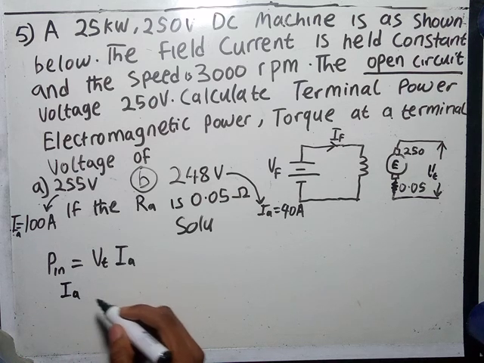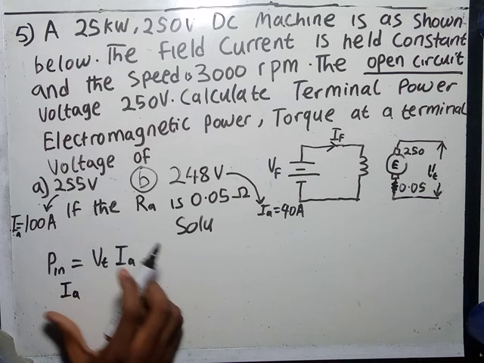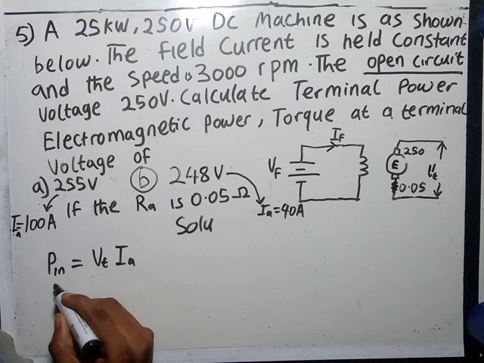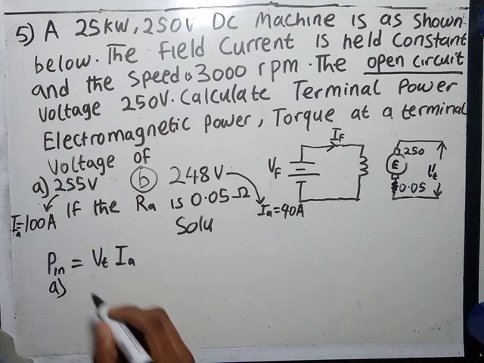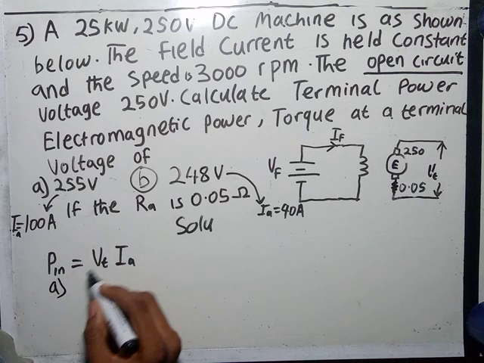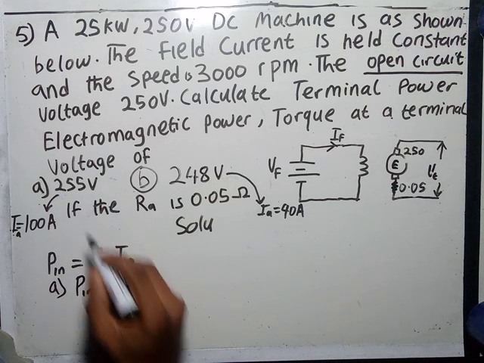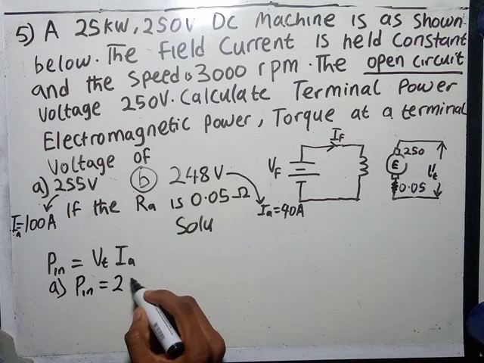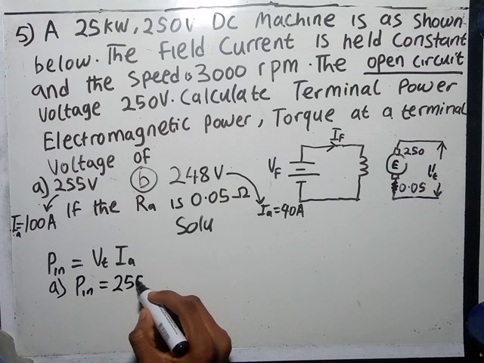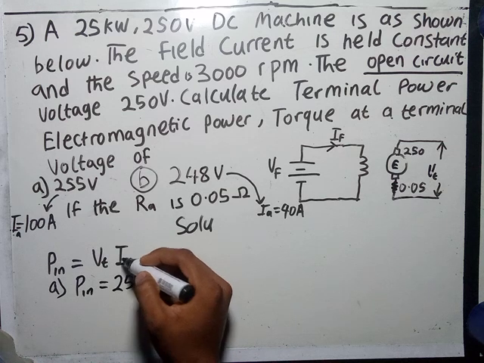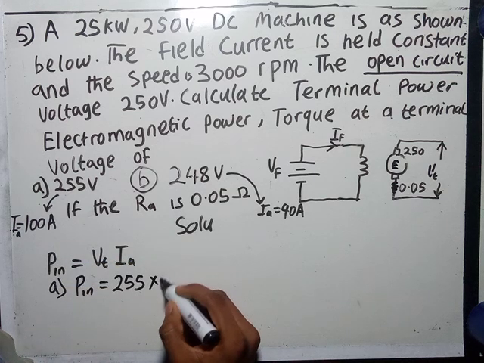For the first one, which is our A, we have that P in is VT, which is 255, and our I is 100.